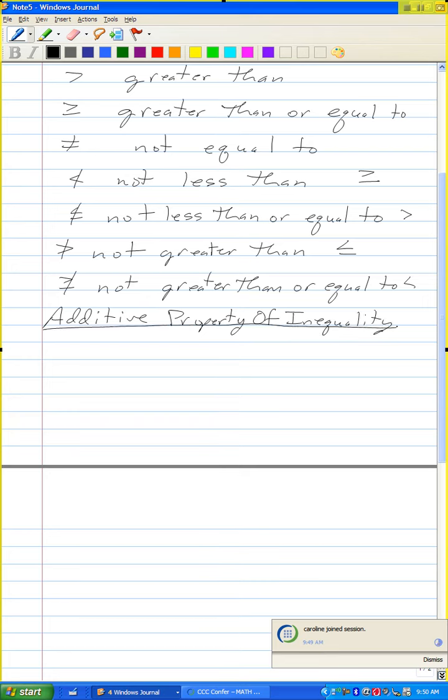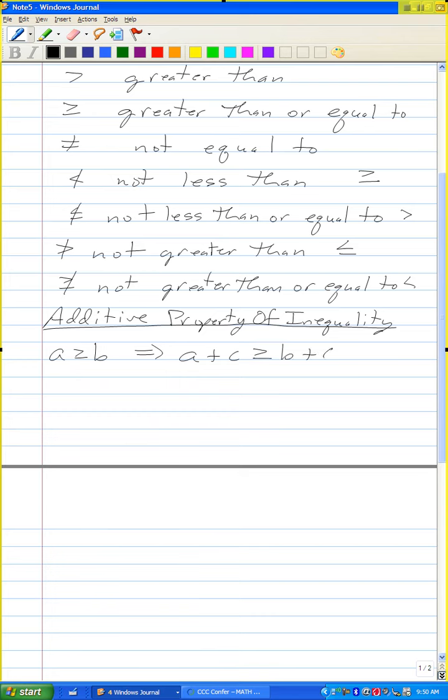So suppose I have some sort of inequality, let's say greater than or equal to, then I can add the same quantity to both sides of my inequality, and my inequality remains invariant.